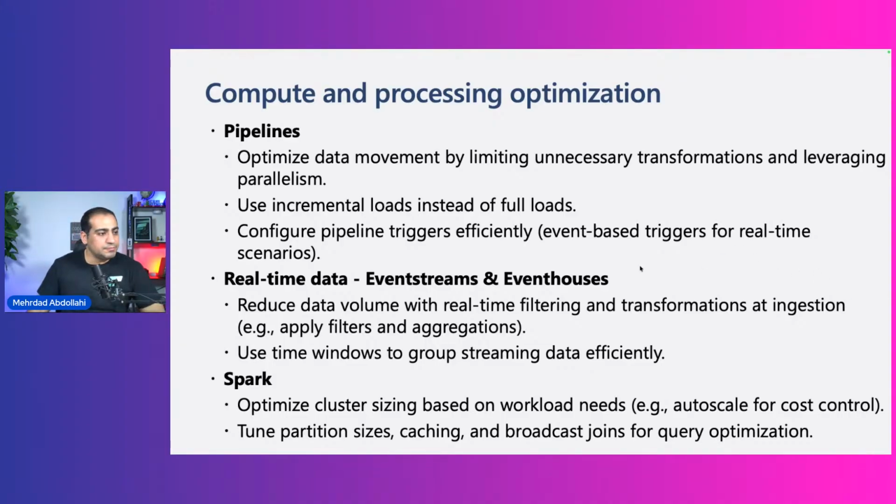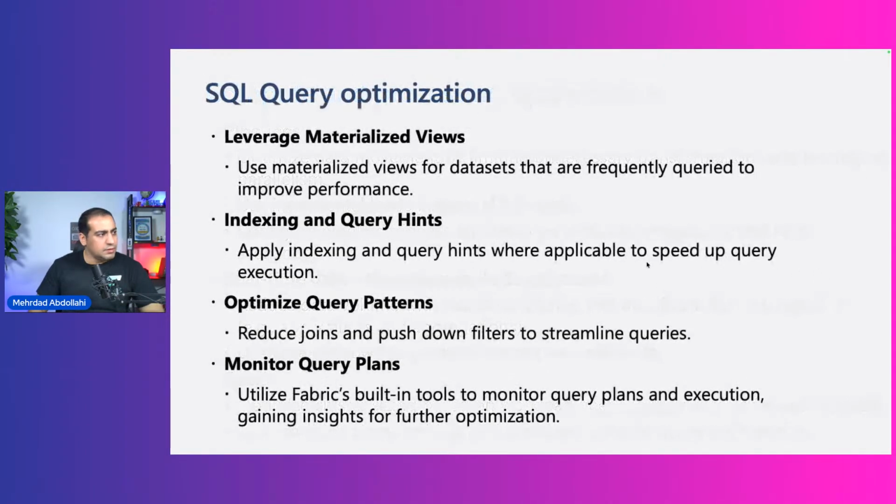And about the SQL query optimization, think of the materialized views and how you can pre-calculate your data for those frequently queried, for better performance, and not calculating the same thing several times.